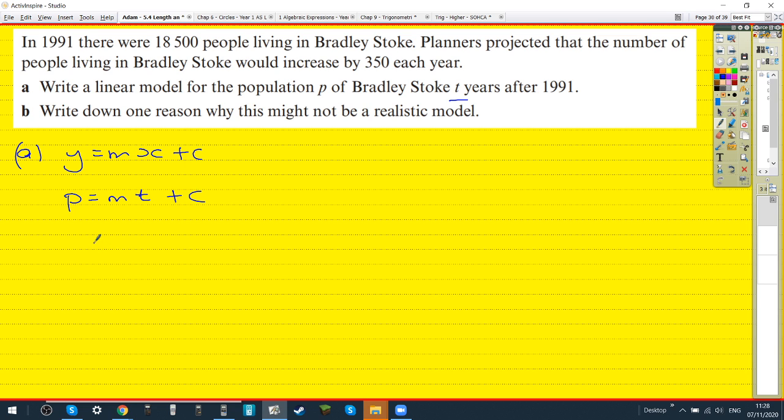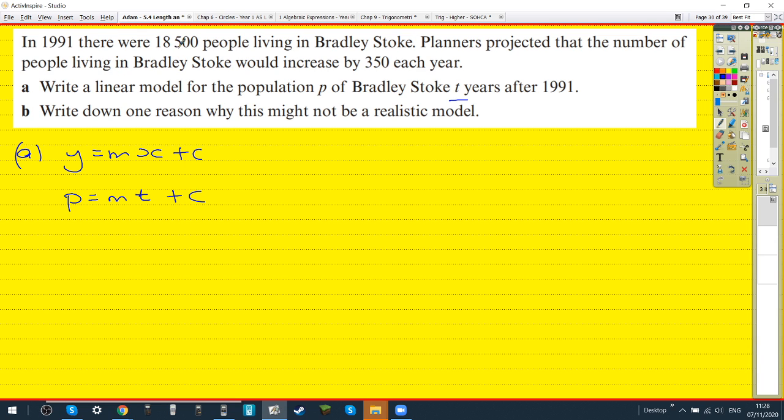Yeah, so instead of x and y, it is t and p. So then do we substitute numbers in now or not yet? Yeah, you could sub in numbers.